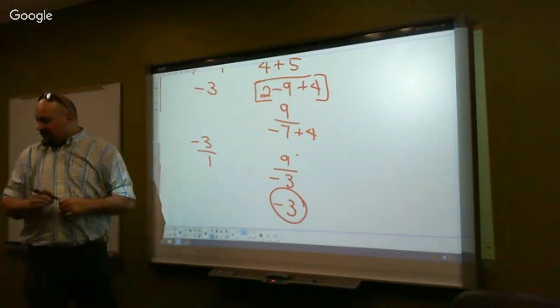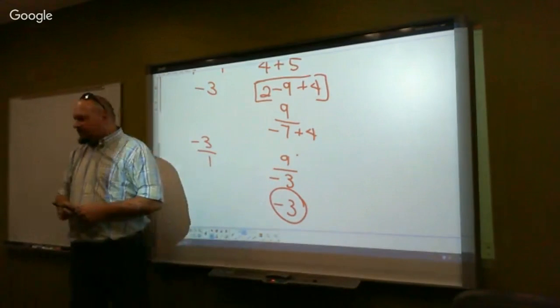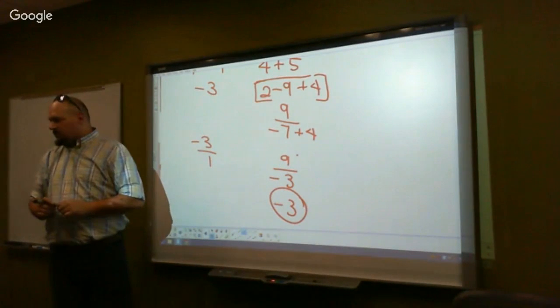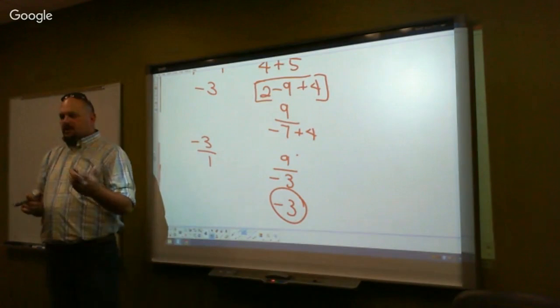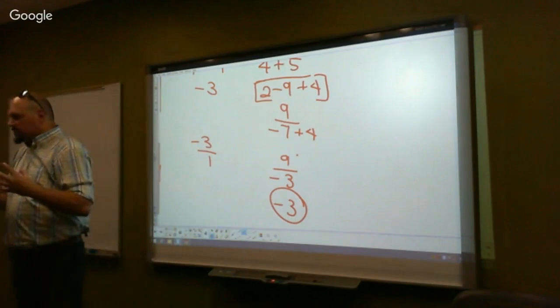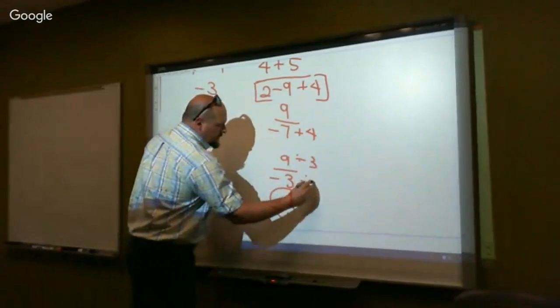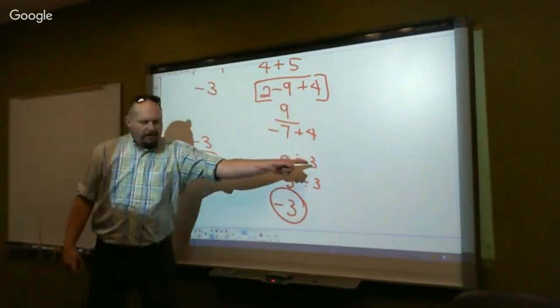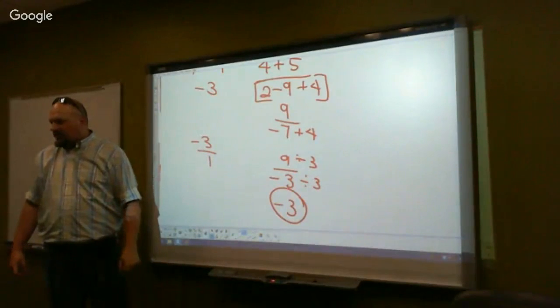What's a common factor mean, Cynthia? A factor of both numbers. 3, right? So I would divide both of these by 3. What's 9 divided by 3? 3. And what's -3 divided by 3? -1.